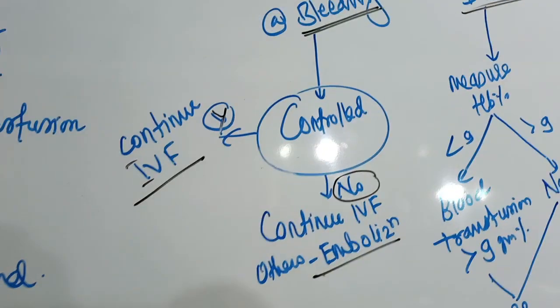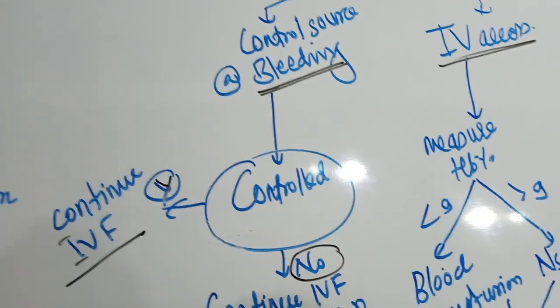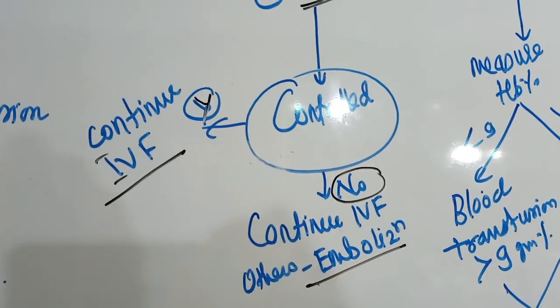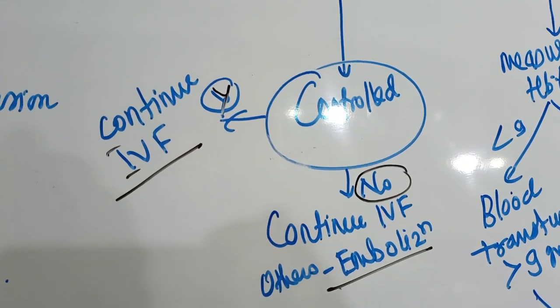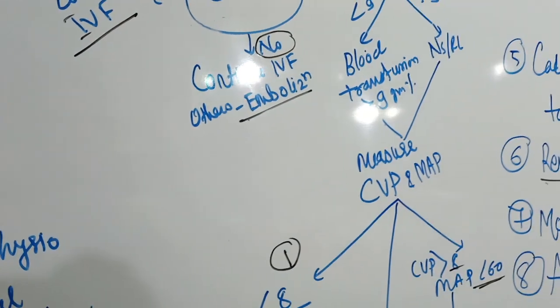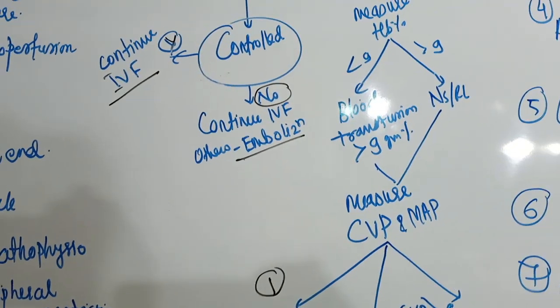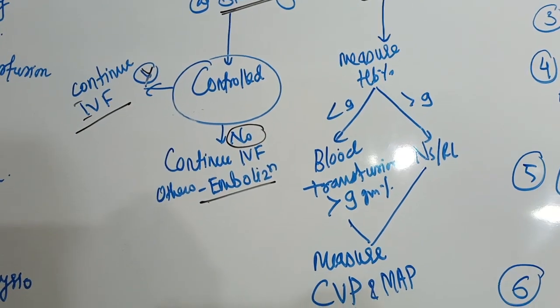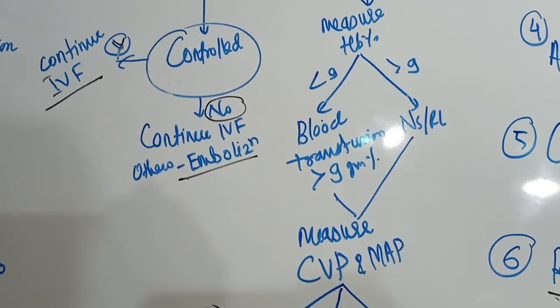If bleeding is controlled, then we must go for IV fluids. If it is not controlled, then we must give IV fluids and try other methods for controlling bleeding, like embolization, ligation, pressures, and other things.